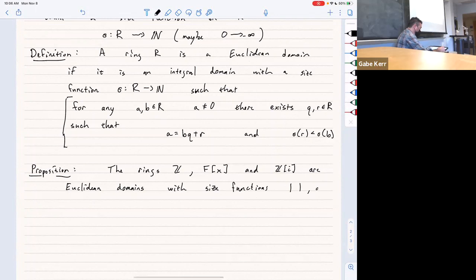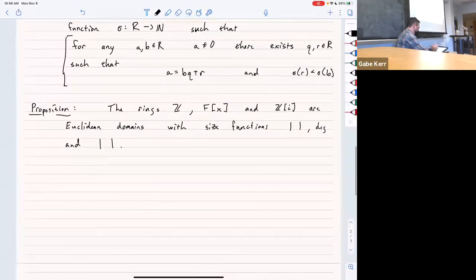For polynomials, we have the degree. And for Gaussians, we have the norm. Now, what is the norm? The norm of a plus bi is the square root of a squared plus b squared.